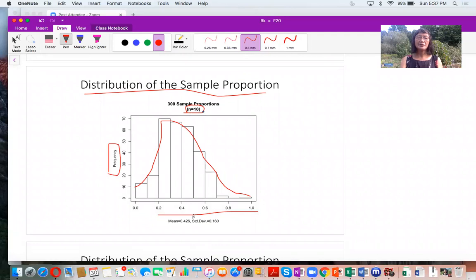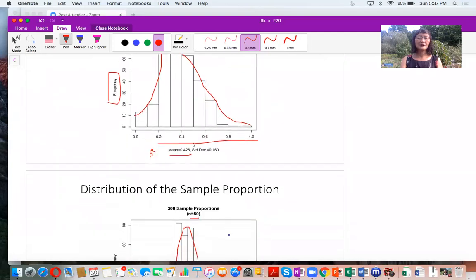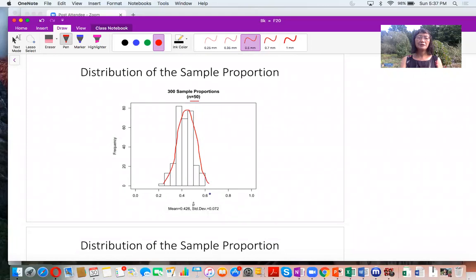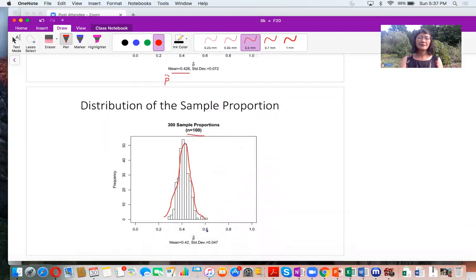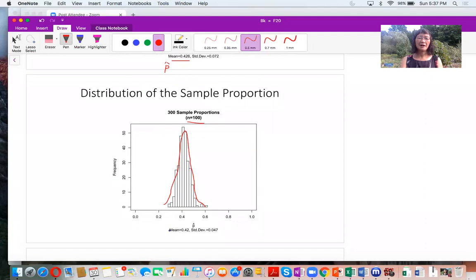When sample size n equals 10, the simulation gives a mean p-hat of 0.426. When sample size equals 50, the mean p-hat is also 0.426. When sample size equals 100, you get p-hat 0.42, which equals the population proportion P.